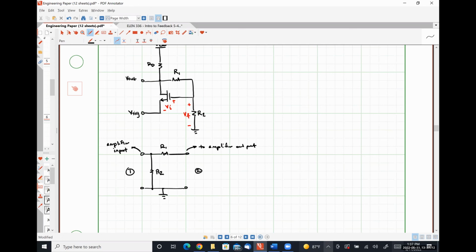So R11 is simply R1 in parallel with R2. How do we find R22? We look into port 2 with port 1 open circuit. So that means we're going to see R1 in series with R2.